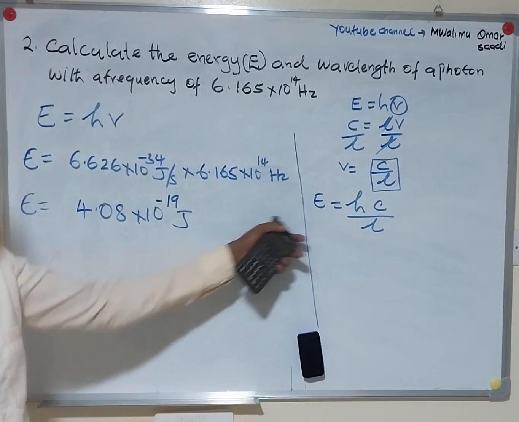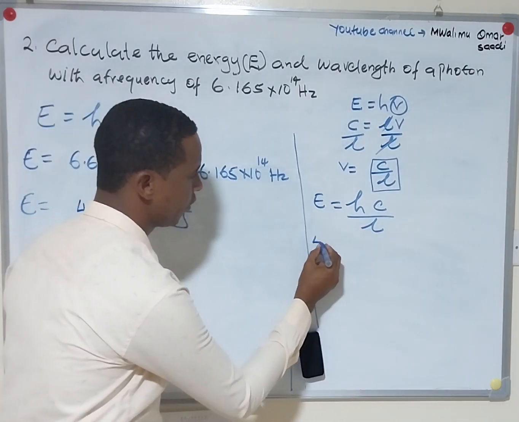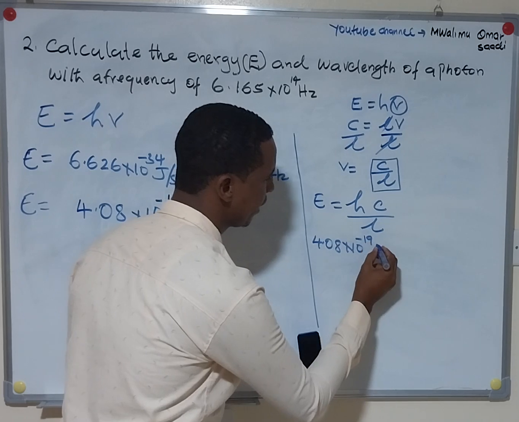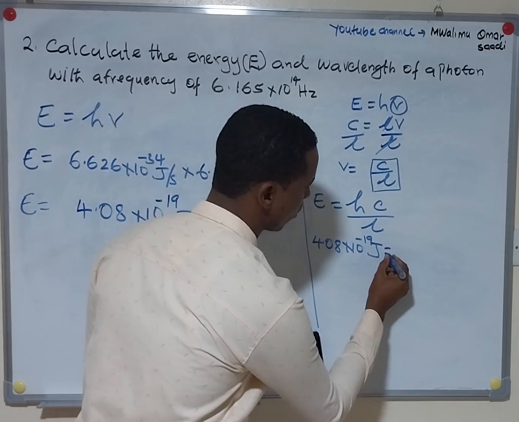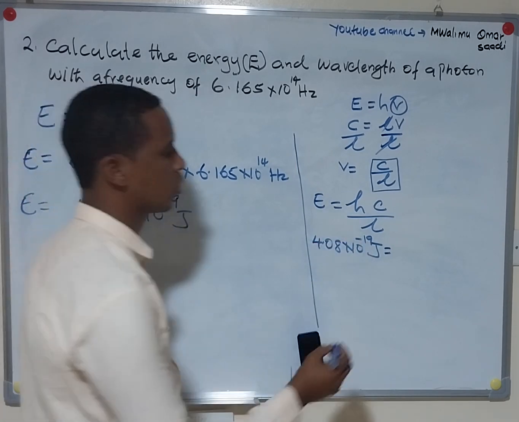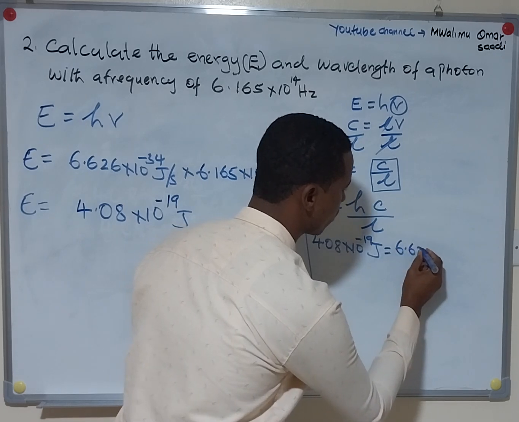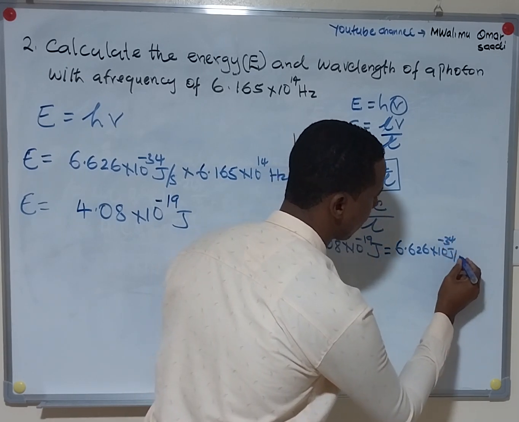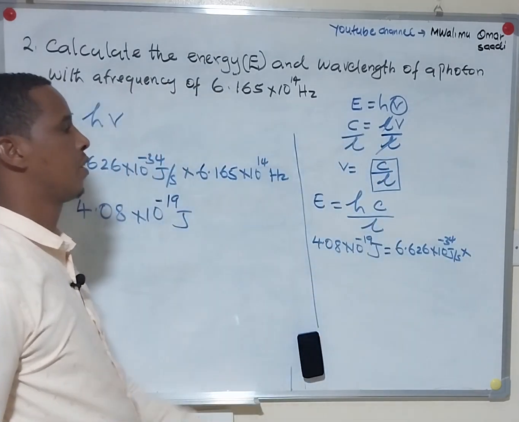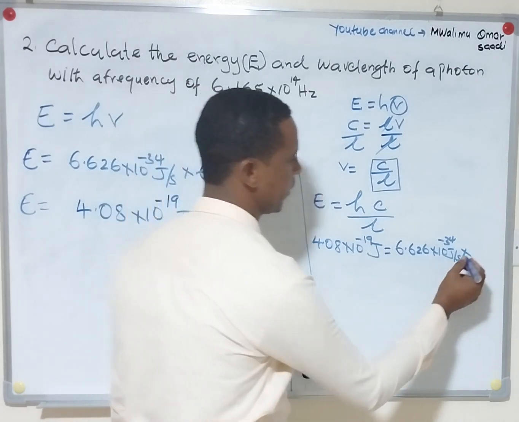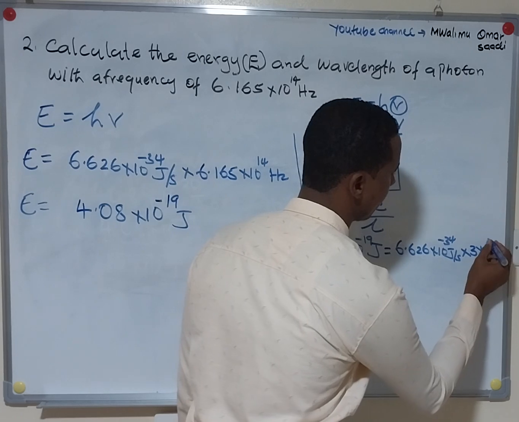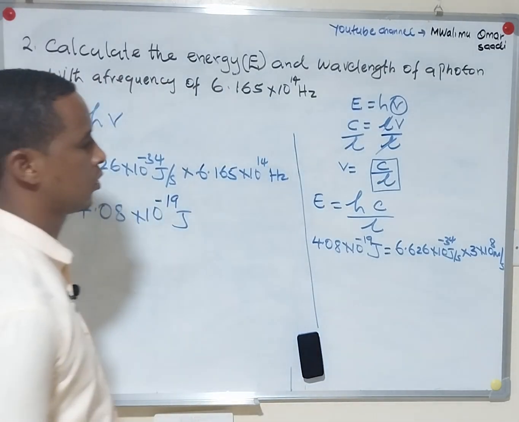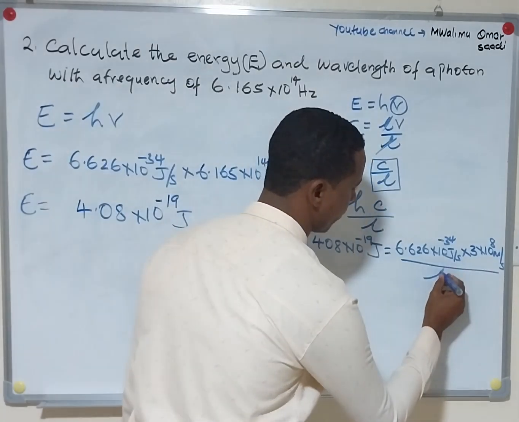So our energy we have got here, which is 4.08 times 10 power negative 19 joules, is equal to, our H is the Planck's constant, which is 6.626 times 10 power negative 34 joules per second, times C is the speed of light, which is 3 times 10 power 8 meters per second, so all over wavelength.